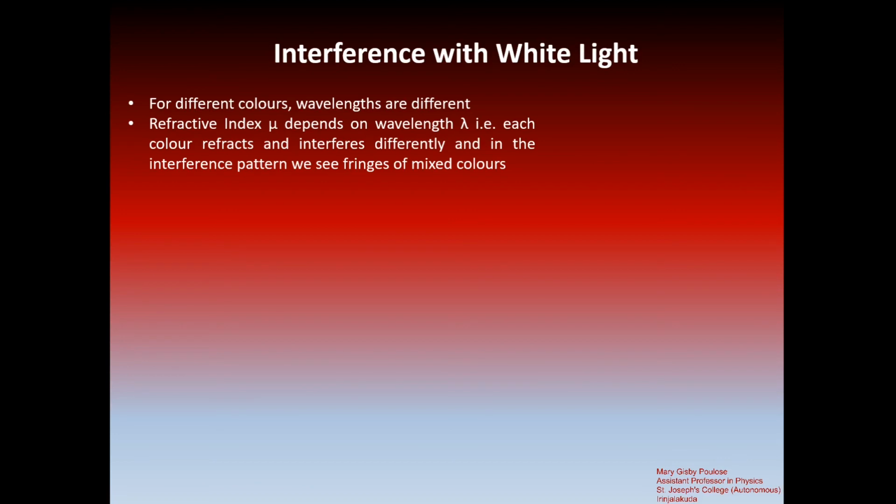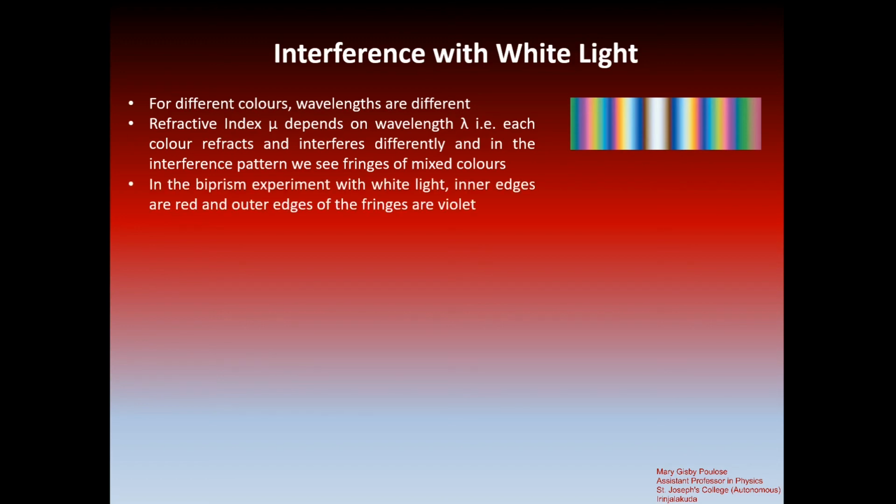So each color, when it passes through the biprism, refracts differently and interferes differently, and in the interference pattern we thus get fringes of different colors. So the pattern obtained is as such.